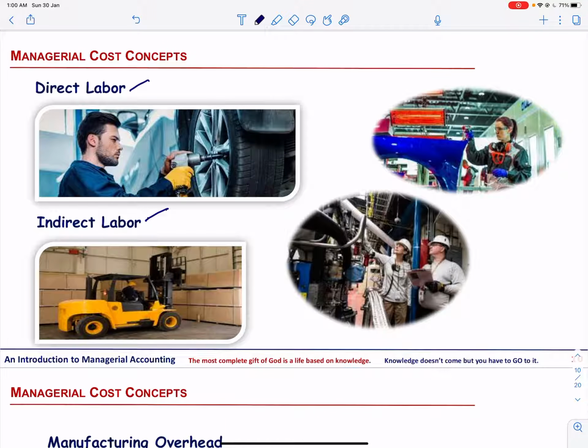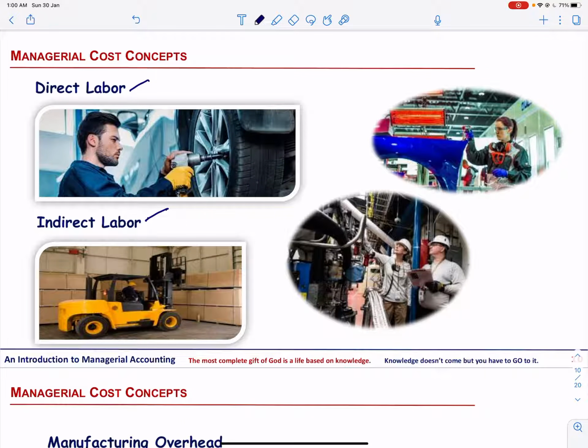In case of indirect labor, the work of such employees cannot be directly associated with the finished goods, like wages of factory supervisor or factory maintenance engineer. Indirect labor is also accounted as part of the manufacturing overhead.